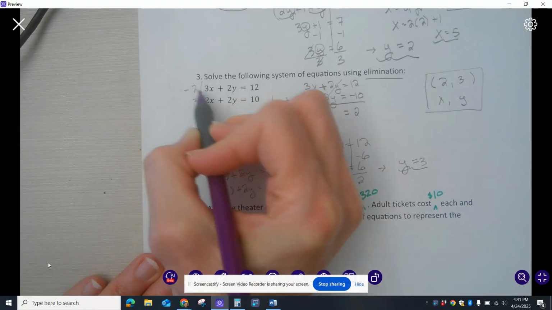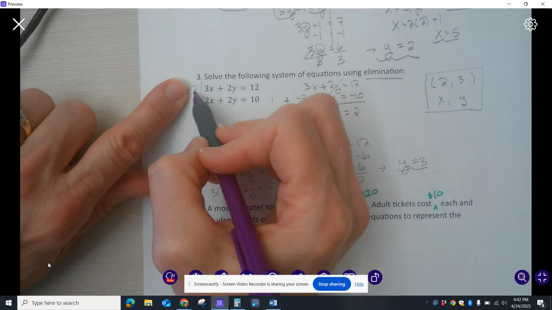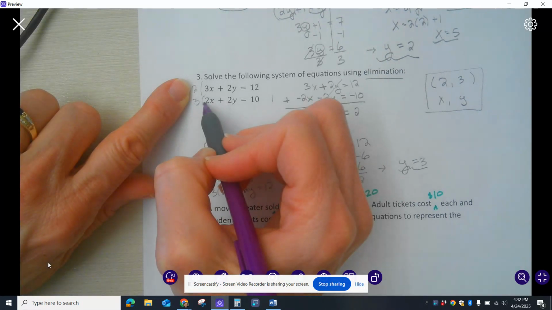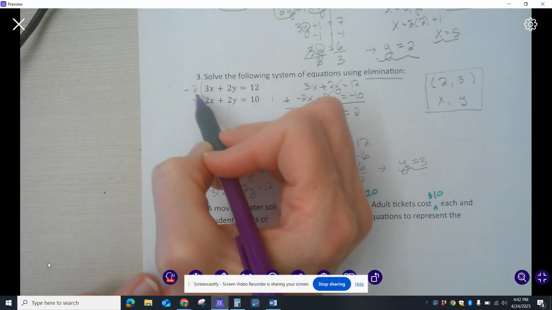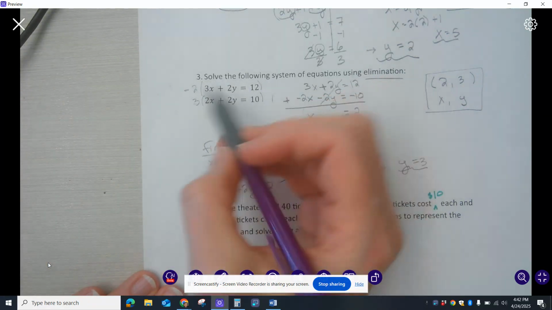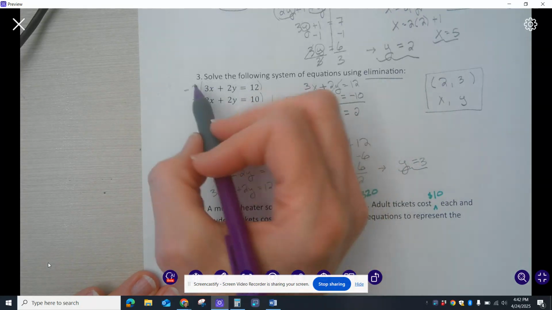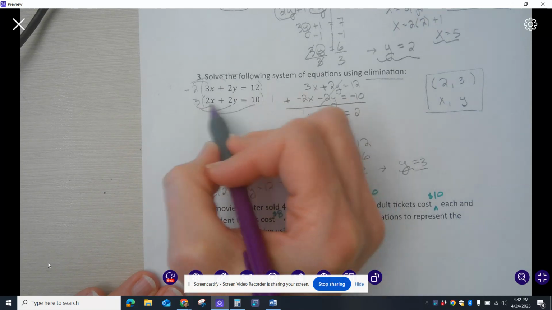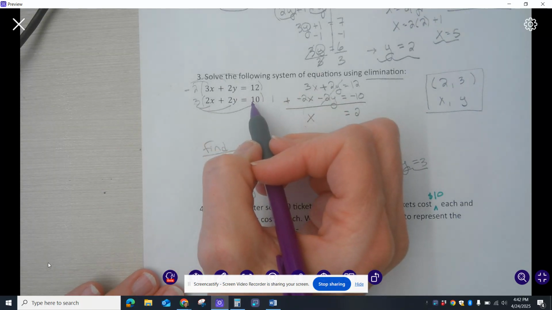And if you wanted to do that, you would need to make one of them negative, because without the negative, you would get 6x and positive 6x. Those are not opposites. We would need negative 6x. So make one of them negative. And then you would distribute in 3 places to both equations, so you would have 2 new equations.